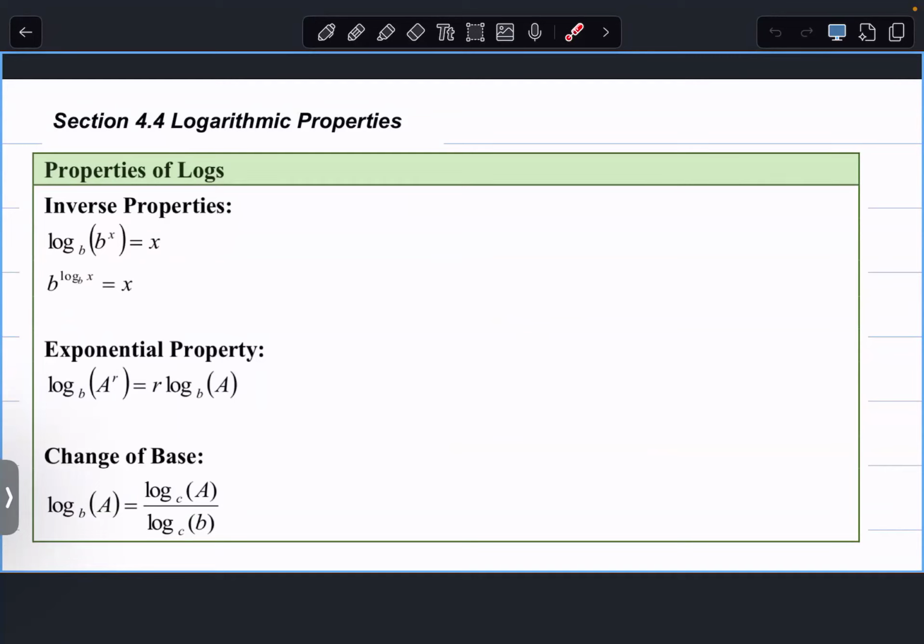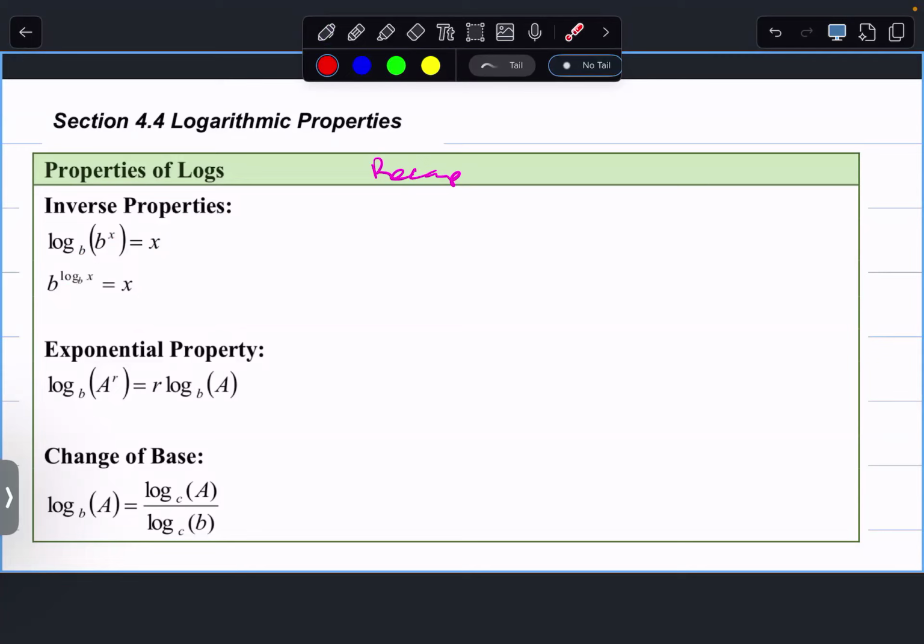So a recap of our log properties. We've got the inverse properties. We were just using these, right? We were using the fact that log base b of b to the x drops out and just leaves you with an x. We also used b to the log base b of x just drops out and leaves the x.